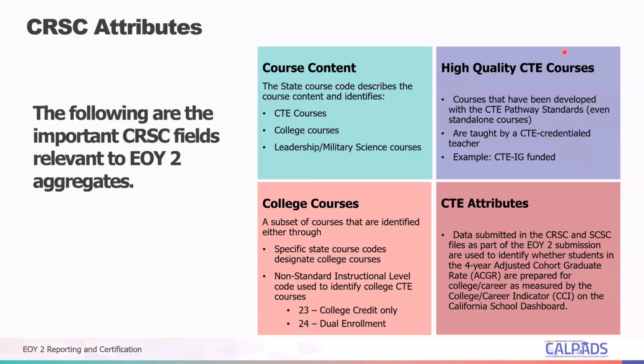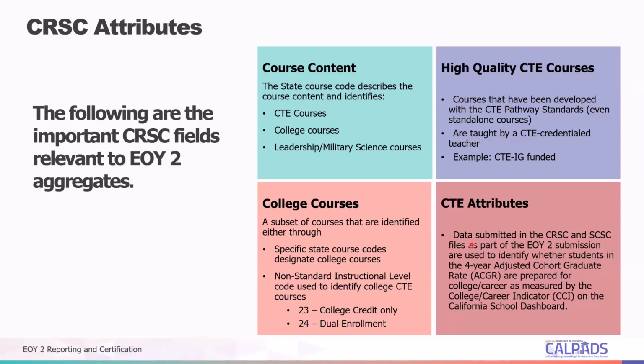So this requirement is in compliance with the expectation when receiving CTE IG funding or Carl Perkins funding. So when a school that is in a CTE pathway program is receiving CTE IG funded money or Perkins funded money, it is expected that those schools hire high quality CTE credentialed teachers.